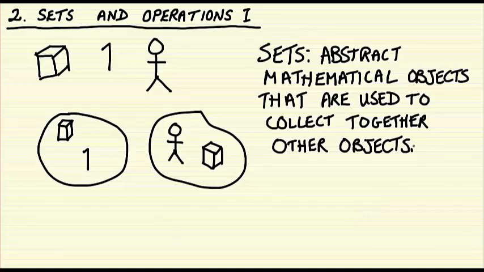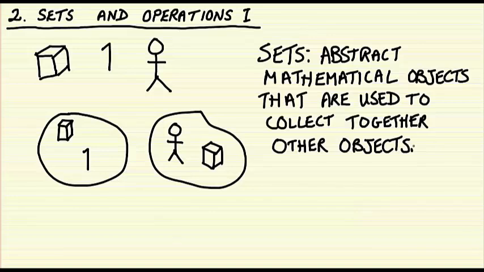Okay, so we have this idea of a collection of objects or a collection of things. Now, let's have a look at some criticisms of that description of what a set is. The first one we might have is, well, how do we know whether a particular object should be in a set or not? So we want to extend out this description of a set.